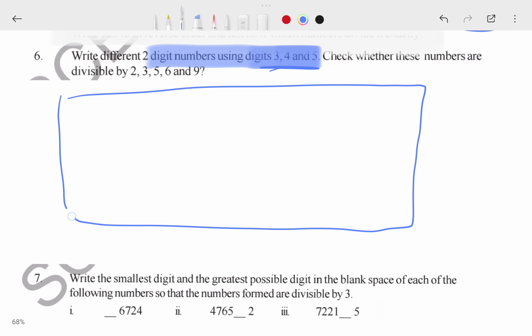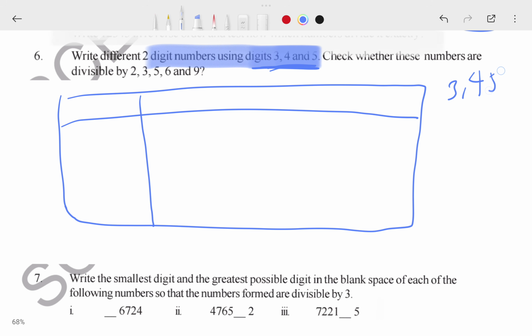This is the one graph I made, and here I will write the number. You have to make different digits, like this is given 3, 4, 5. We have to make different digits, like you can make 3, 4, 5 also, otherwise you can make 5, 4, 3 also. Any different one you can make.